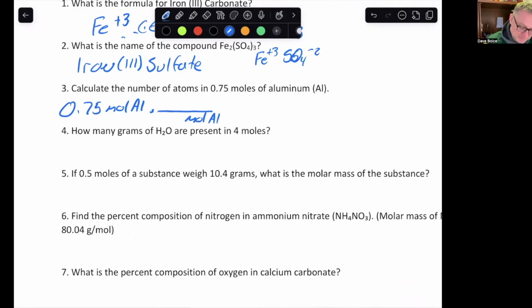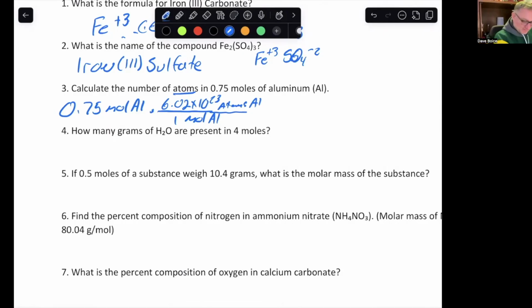And I want atoms. I want atoms, and 1 mole of aluminum or anything else is composed of 6.02 times 10 to the 23rd, in this case, atoms of aluminum. Okay, and since the 1 is on the bottom, I'm going to multiply.